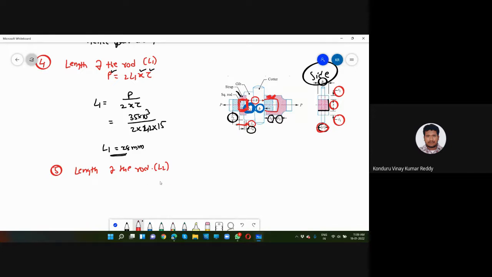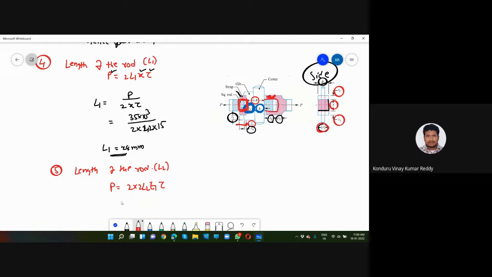Here also you will get the same formula, but a bit different. P is equal to 2 into 2L2 T1 into shear stress, as L2 is undergoing double shear. In the previous case it was undergoing only single shear, thereby we took only 2 into L2. As it is double shear, we have to consider 2L2 T1 into shear stress.